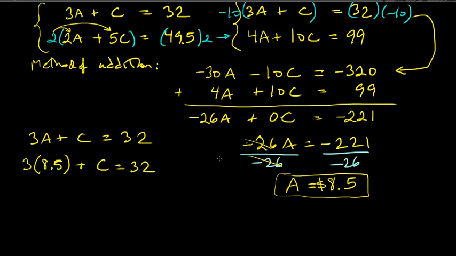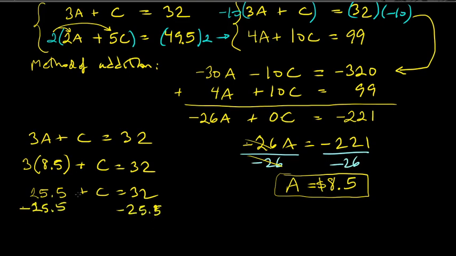And now we can solve for C. Right, so 3 times 8.5, 25.5. Let me just double check. Yep. And so now we just have to subtract 25.5 from both sides.